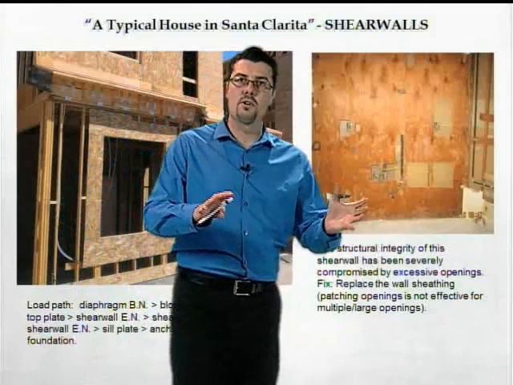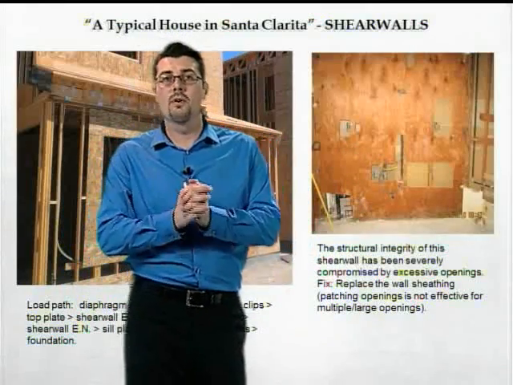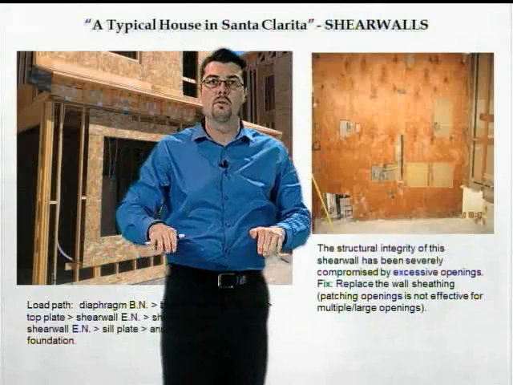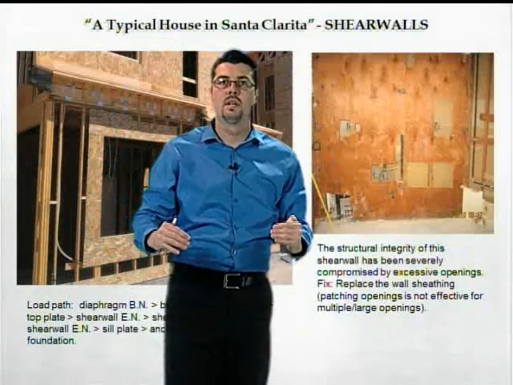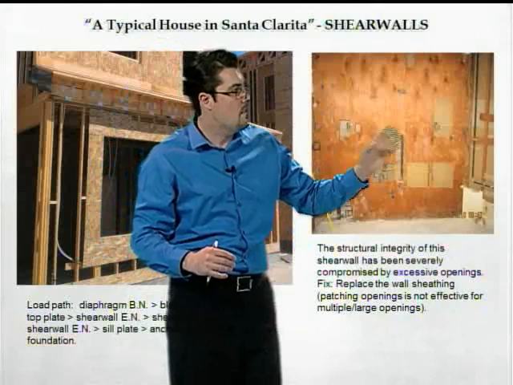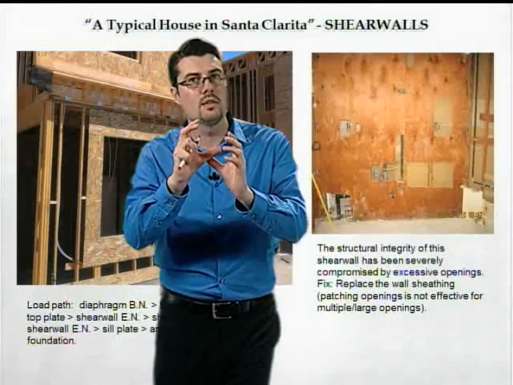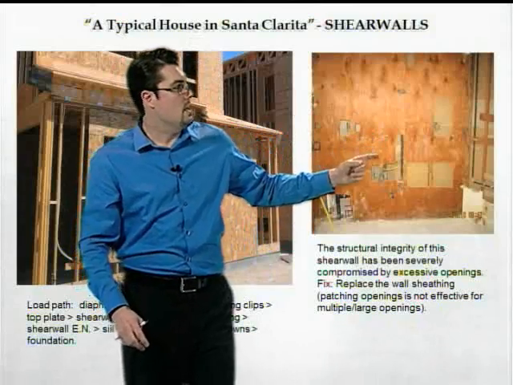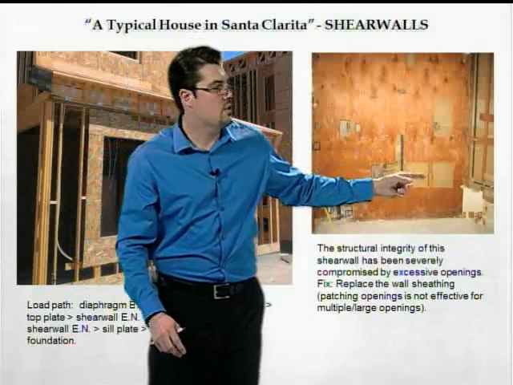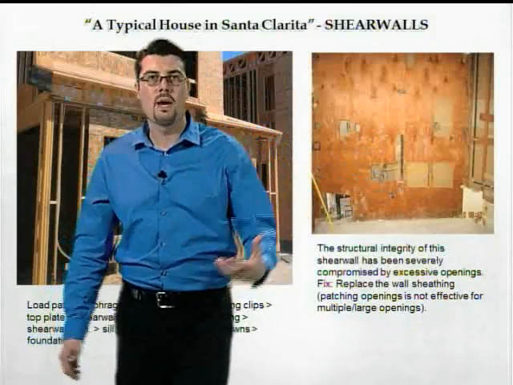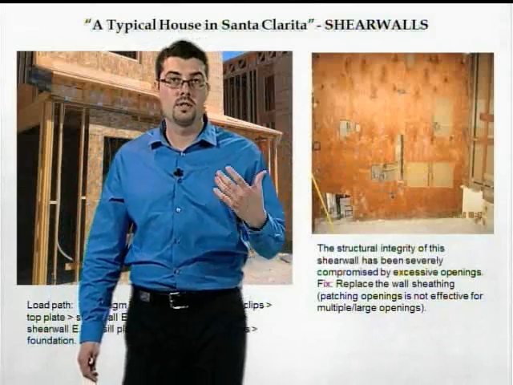Now, when we started talking about shear walls in this training, remember, the force in a shear wall is uniform from top to bottom. It's not like a beam where you can make an opening in a beam and call it good if the opening is in the right place. In a shear wall, each one of these openings is reducing the capacity of the wall significantly.